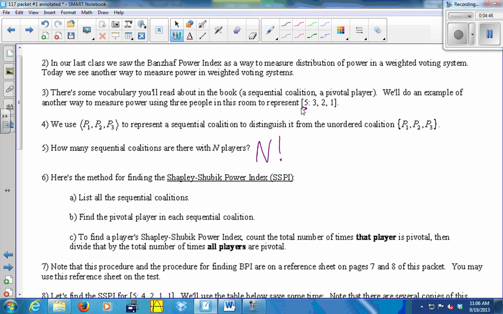So for example, with 3 players, the number of coalitions you would have would be 3 factorial, which is 3 times 2 times 1, which is 6. 4 factorial is 4 times 3 times 2 times 1, which is 24.